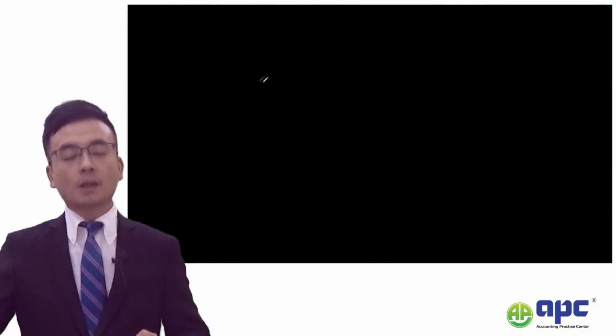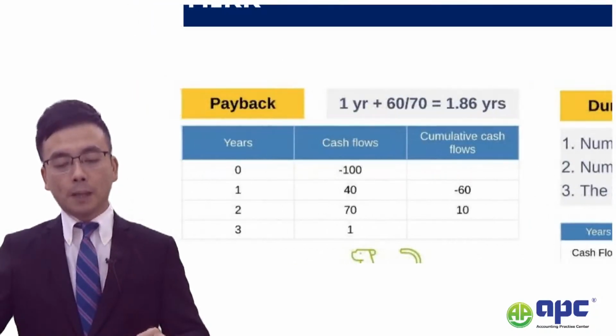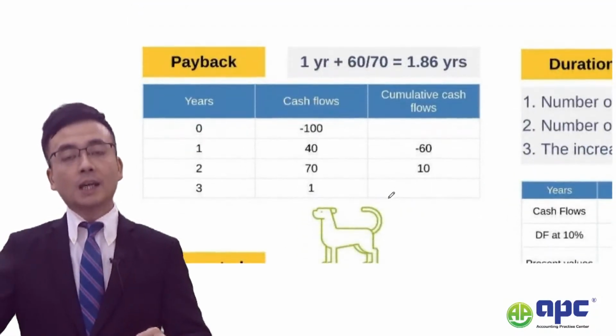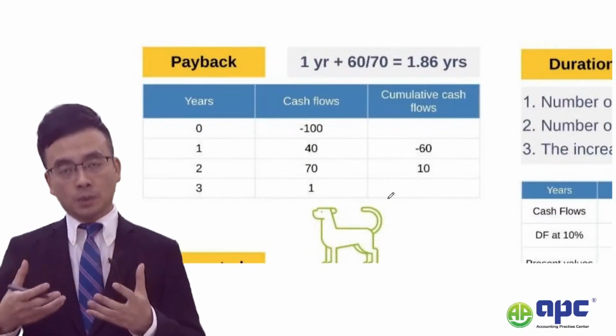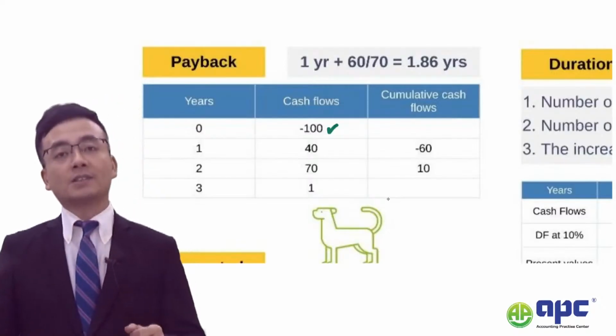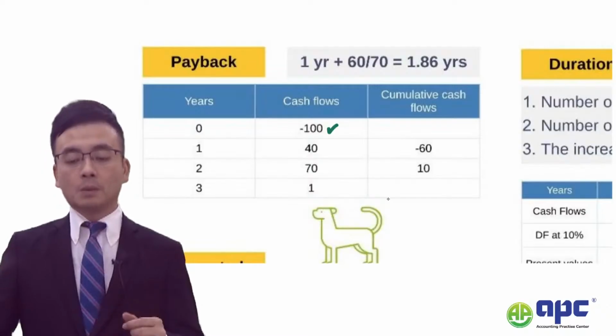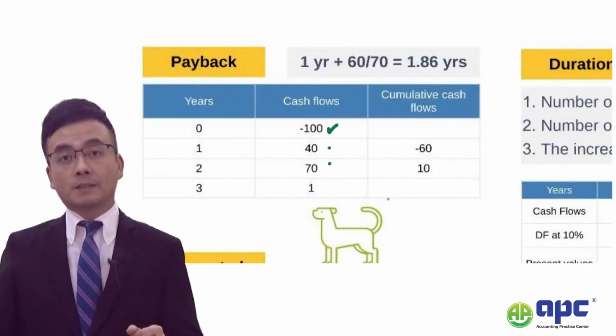Now, firstly, let's look at the payback period. What the payback period tells us is: when can we recover our initial investment? In this case, in year 0, we spend 100 out, but we will get 40 and 70 in years 1 and 2 respectively.